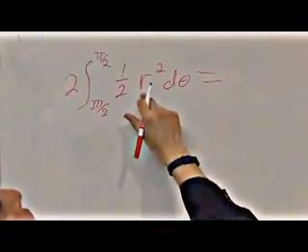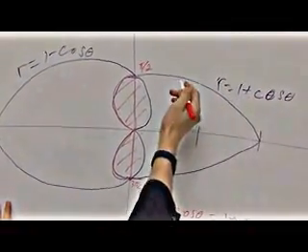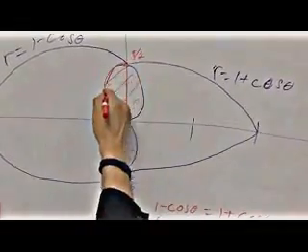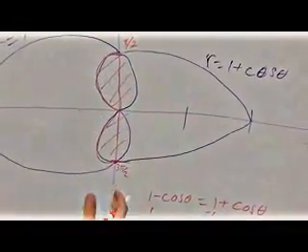Now we're going to plug in for r, we're going to plug in 1 plus cos theta, because as you can see, r equals 1 plus cos theta. This graph from pi over 2 to 3 pi over 2 gets the area that lies between both curves.